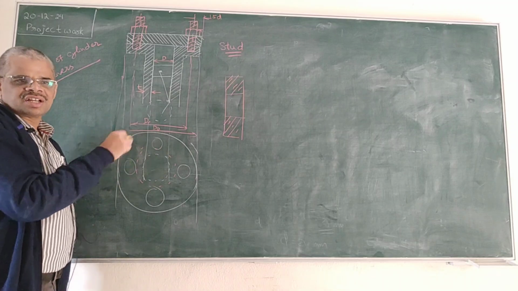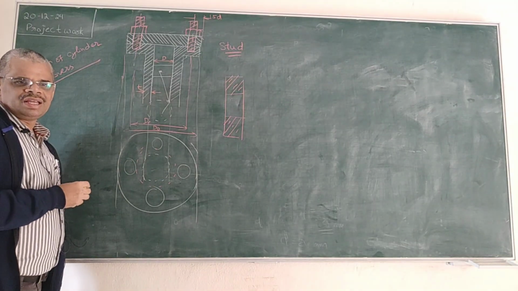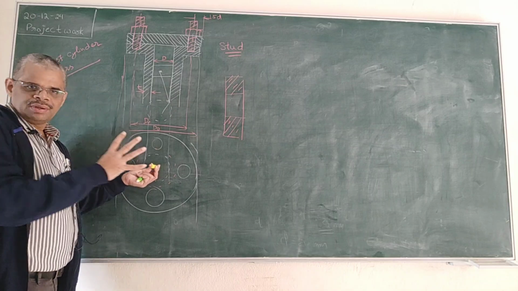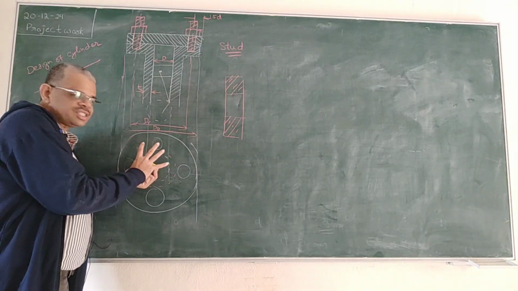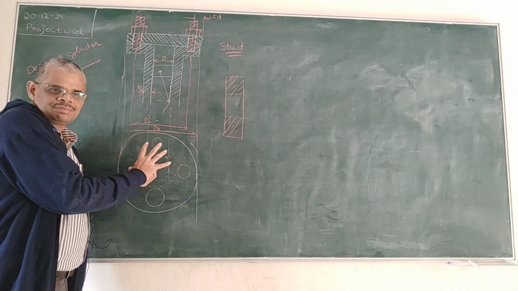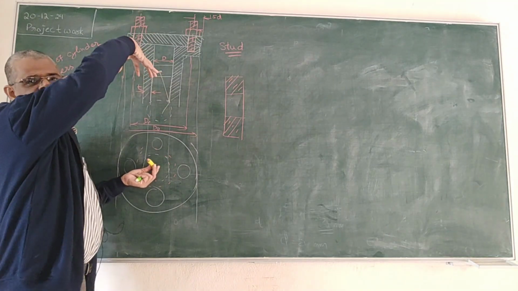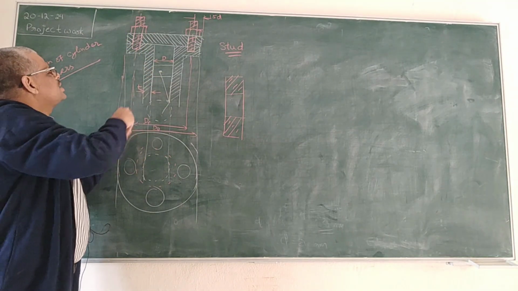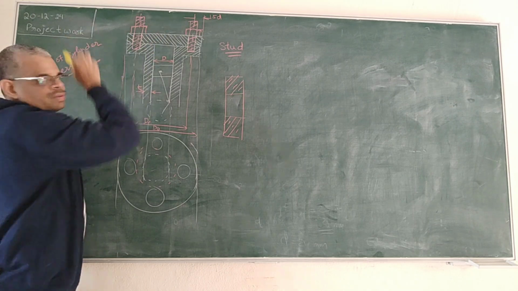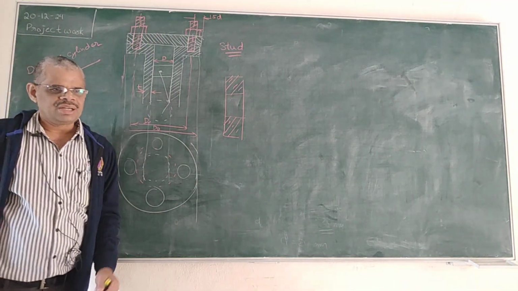Once all the studs are fixed firmly, they are screwed firmly, then this cap is inserted through the studs in such a way that the holes are properly aligned. Like this, the cap is inserted, so that these studs will project through the holes of the cap outwards. Did you get my point?